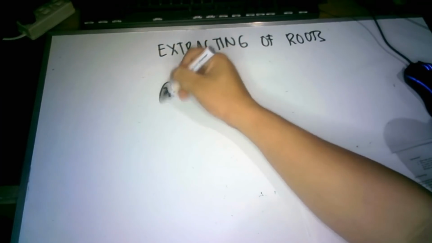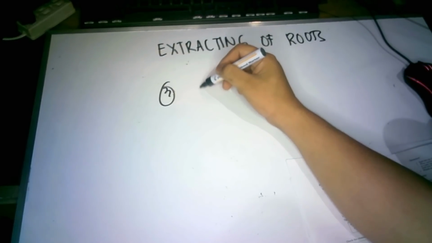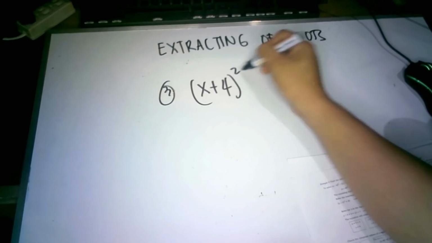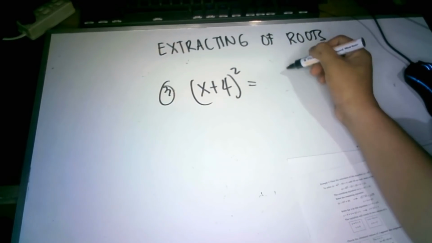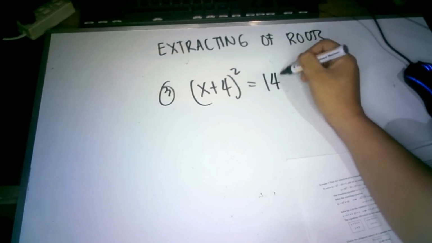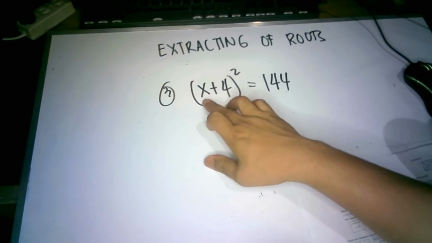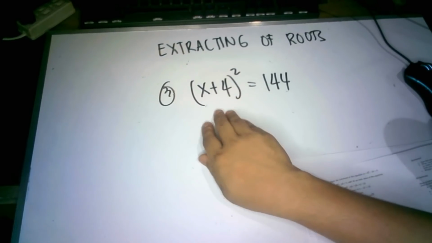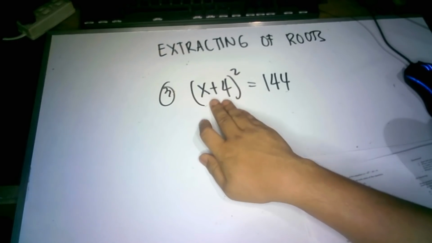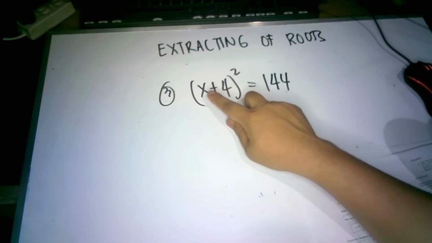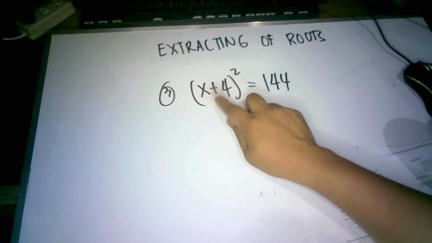Halimbawa, x plus 4 squared equals 144. So, makikita ninyo dito class nga ang given is a binomial raised to a power. So, x plus 4 raised to 2 is x plus 4 times x plus 4.